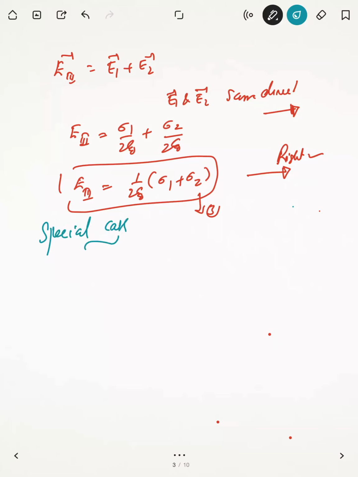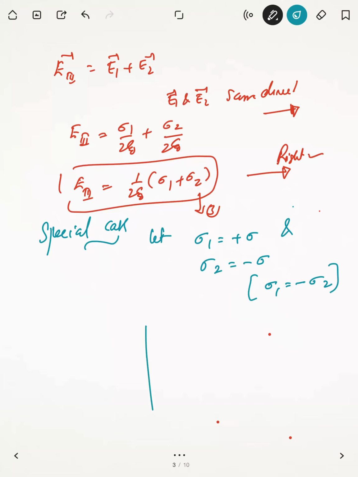Special case means let sigma 1 equal to plus sigma. First sheet is having plus sigma charge and sigma 2 is equal to minus sigma. Means the first sheet is having plus sigma charge, the next one is having minus sigma charge. So in short you can write sigma 1 is equal to sigma 2 in magnitude but opposite in sign. You can write it this way also.